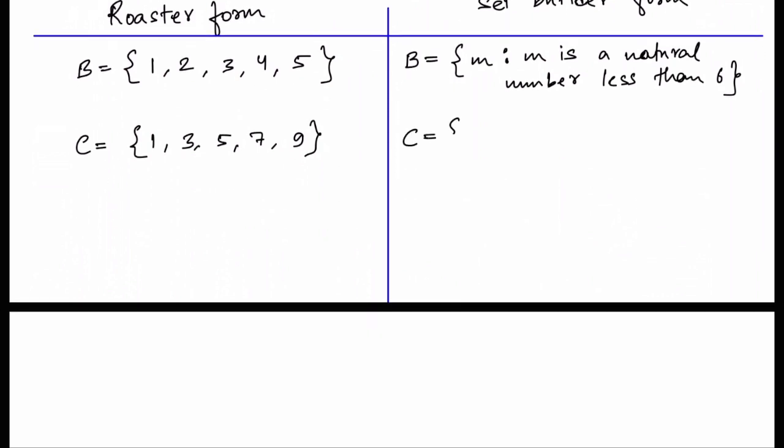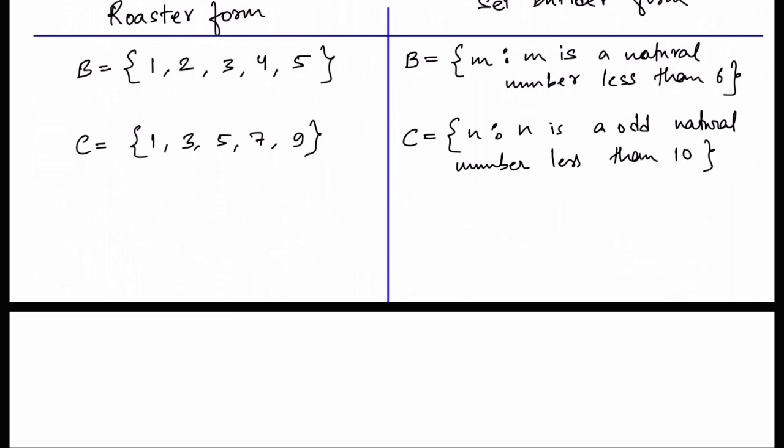C is the set. Let's denote all the elements using letter N. N is an element of set C such that N is an odd natural number less than 10. These are odd natural numbers, but we have to put the restriction.